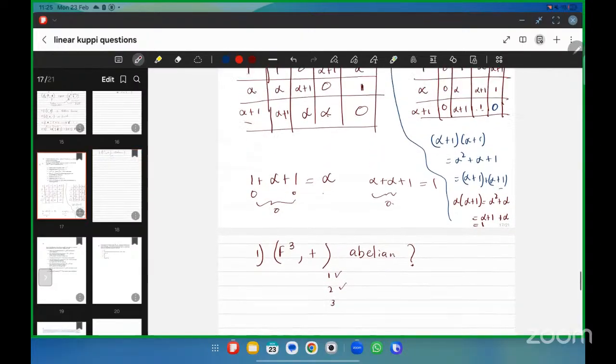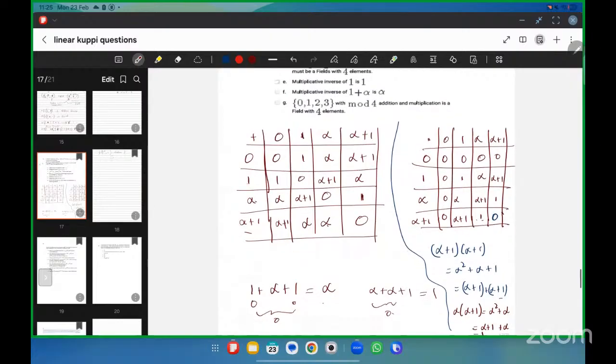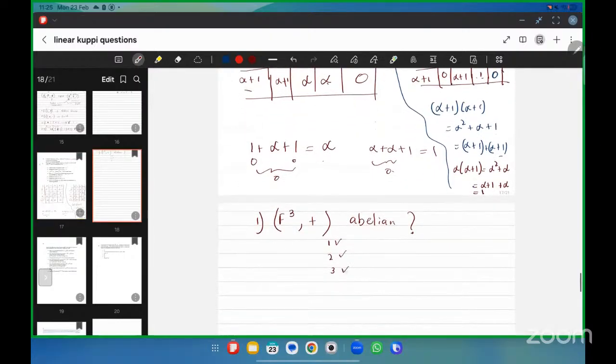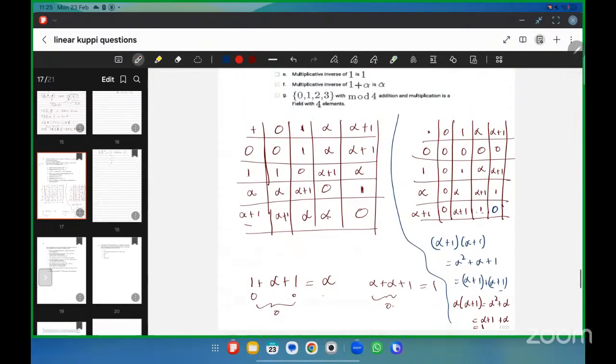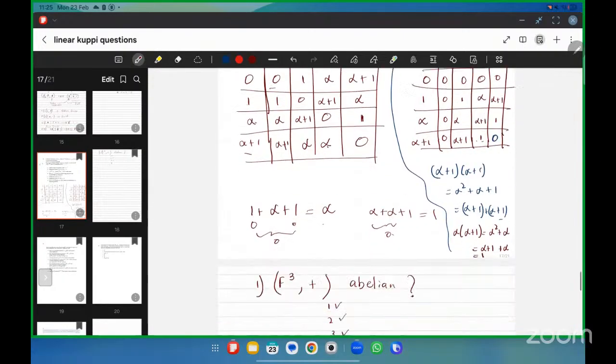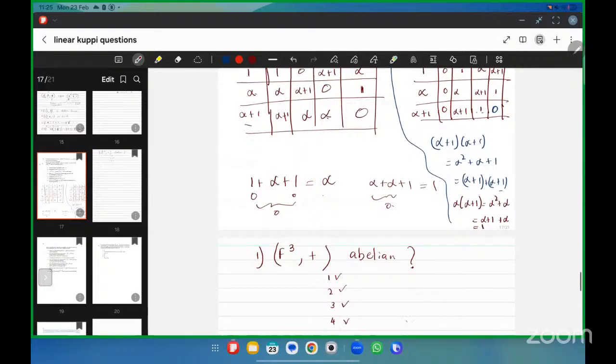The third one is we can shift the brackets, that's also okay. The fourth one is the identity, so here 0 is the identity, and 0 is okay.